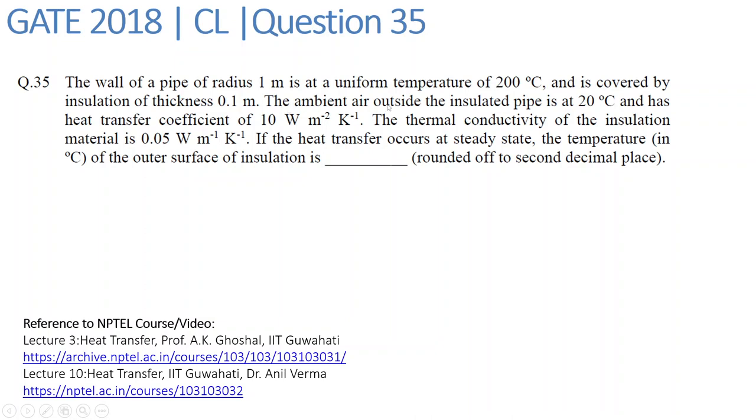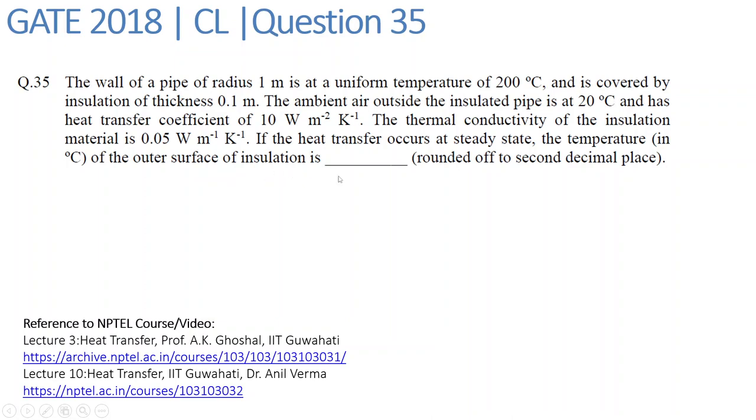The ambient air outside the insulated pipe is at 20 degrees Celsius and has a heat transfer coefficient of 10 watt per meter square Kelvin. The thermal conductivity of the insulation material is 0.05 watt per meter per Kelvin. If the heat transfer occurs at steady state, find the temperature of the outer surface of the insulation.